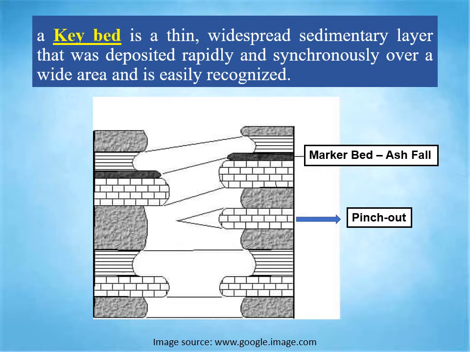So although all these depositions occur at the same time, and on the basis of age they are equivalent, you can see that they show lithological heterogeneity. That means lithology is different.